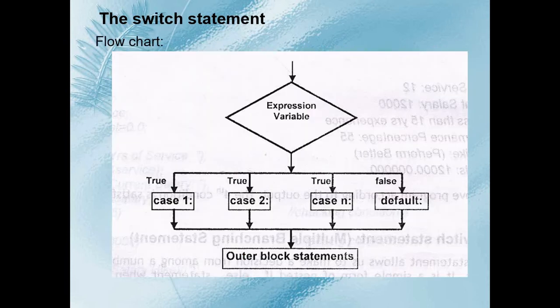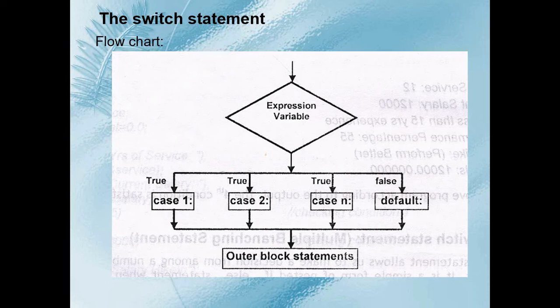This is the syntax of the switch statement shown in the form of a flowchart. Here there is an expression variable and here there are different options, different case blocks. The case where the case value matches with the expression variable, that particular case gets executed.